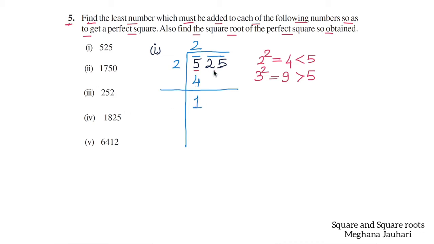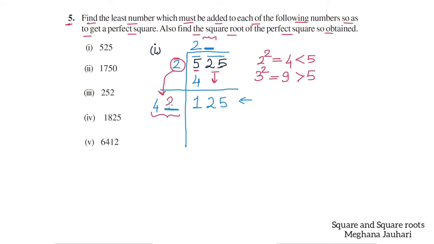Now in the next step we are going to bring this pair down to get our new dividend as 125. To find our new divisor, first of all we have to double this number, or 2 plus 2, that is 4. And for this place we are going to find the largest possible digit, which will be written over here also, such that the product of this part and this part should be less than or at most equal to 125.